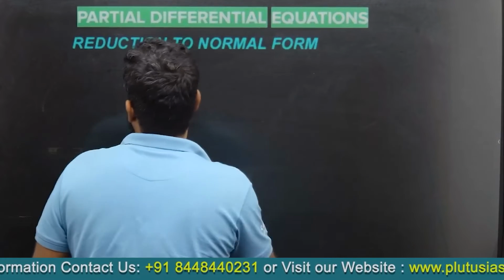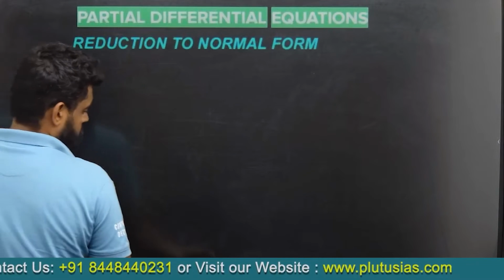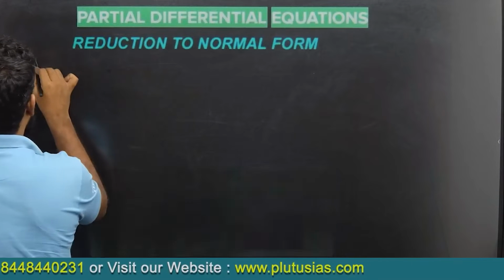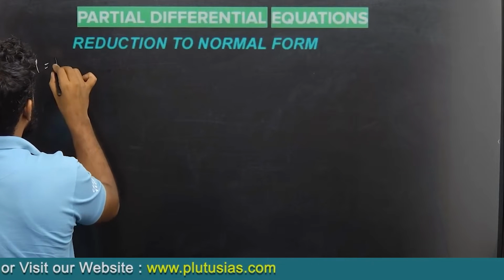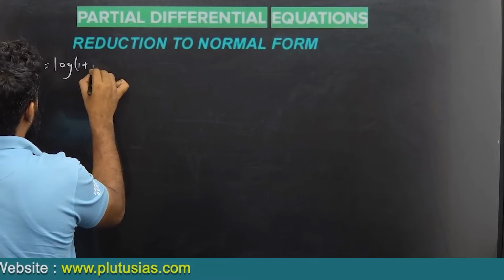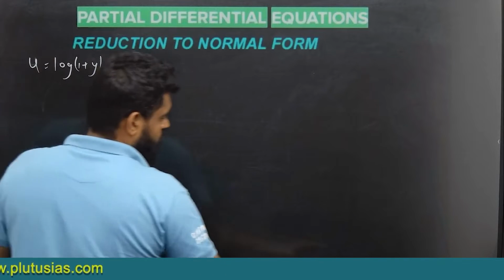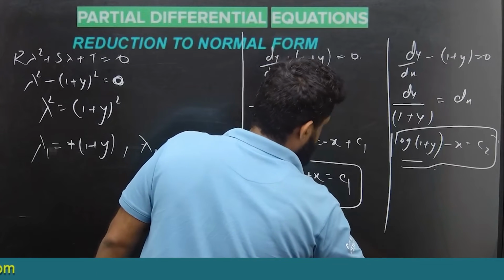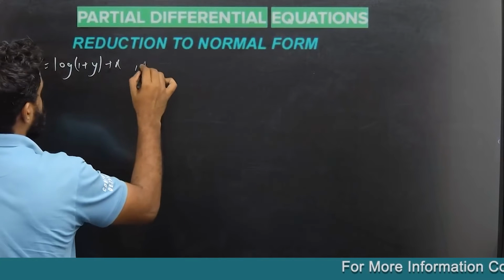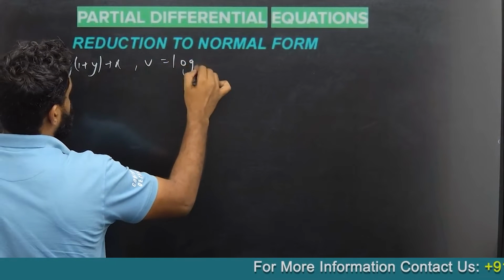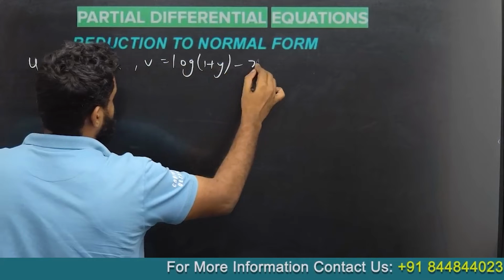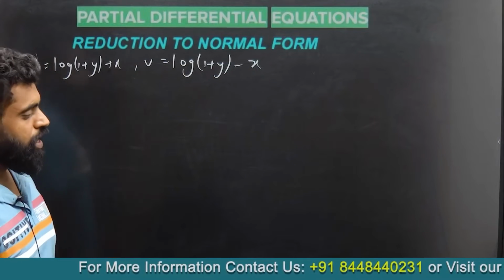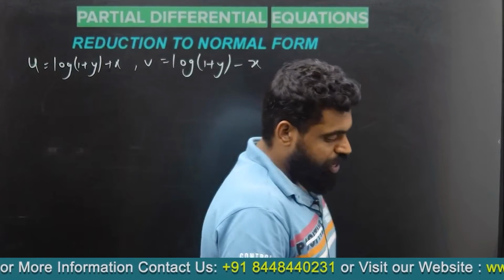Okay, so our u is log of 1 plus y plus x and our v is log of 1 plus y minus x. Okay, so till now I think it is clear.